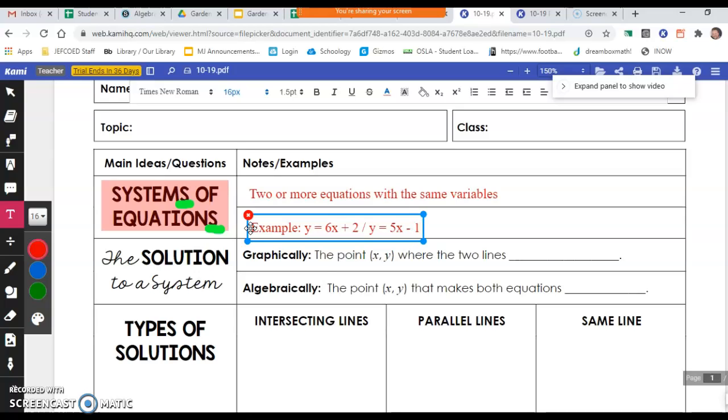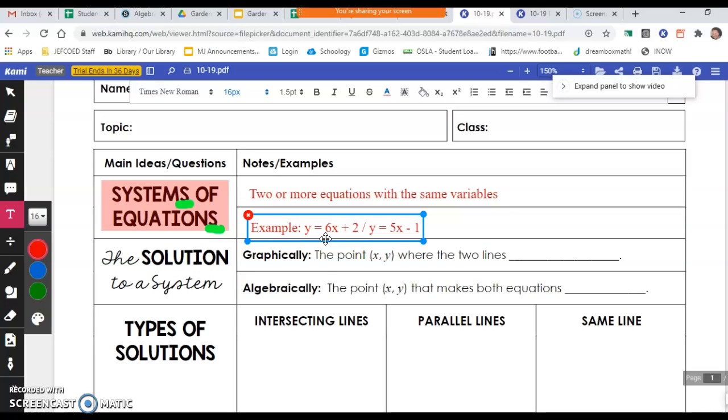Okay, so we got y equals 6x plus 2 and y equals 5x minus 1. Okay, how many equations do we have there? It's not a trick question. 2, right? Okay, looking at the first equation, what are my two variables in that first equation? Y and x. Not a trick question either, right? All right, what are my variables in the second equation? Y and x. So this potentially is a system of equations.